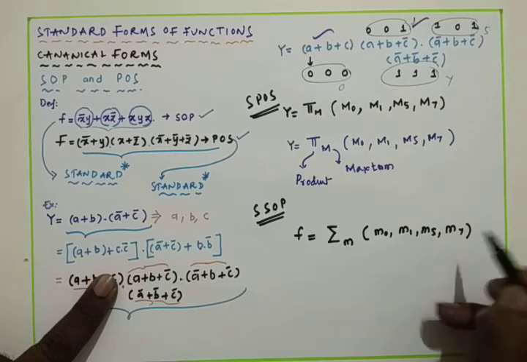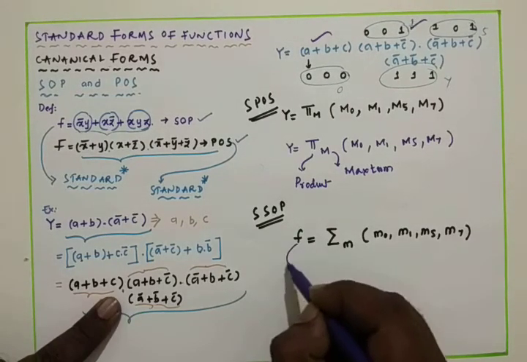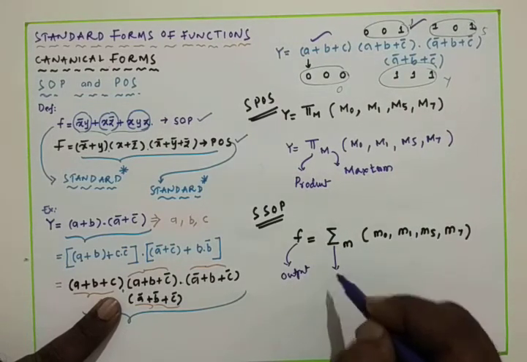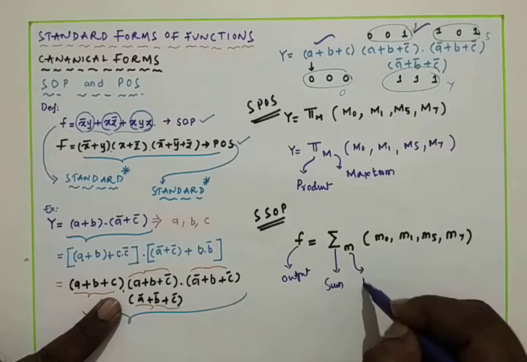I am taking this as an example. F is nothing but the output, and sigma is used to represent the sum, and m is a min term.